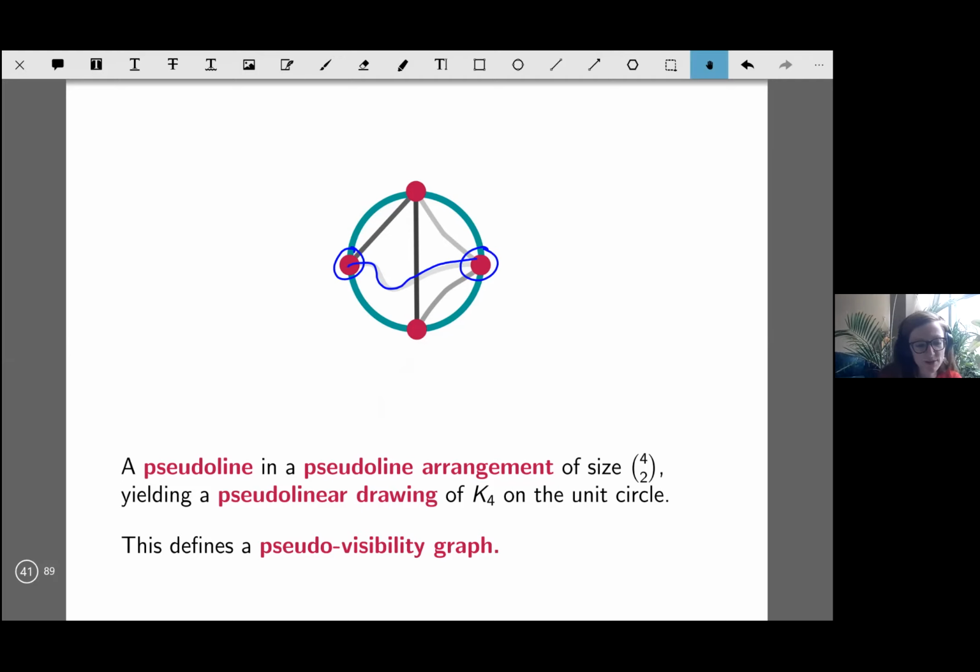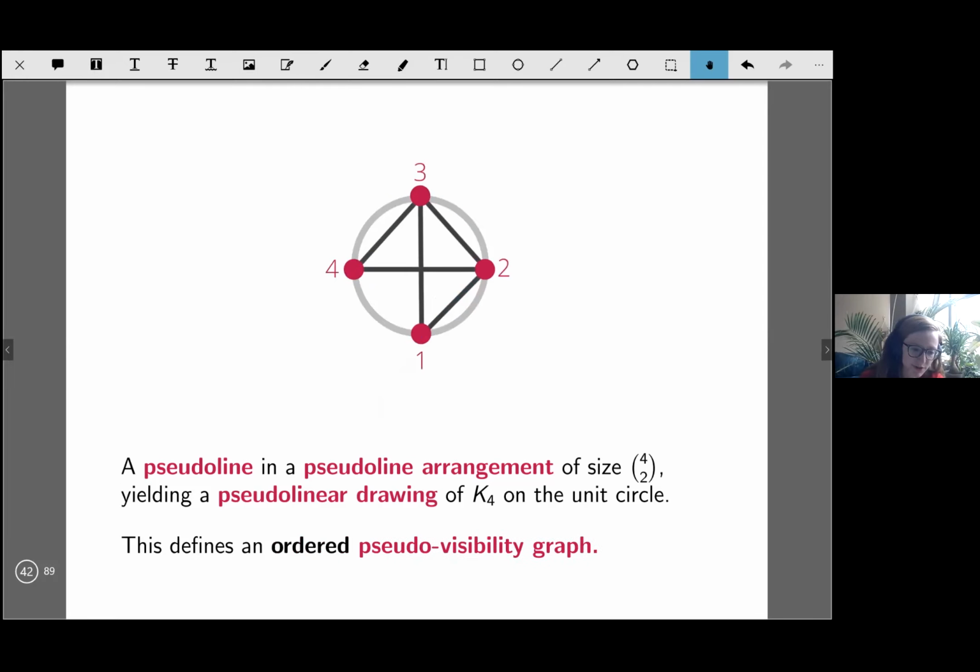So the way I like to think about this is that we're deleting segments which are on the outside, and we're deleting segments which touch the circle at a point other than the ends. And to get an ordered pseudo-visibility graph, we just also keep track of the cyclic order along the unit circle.